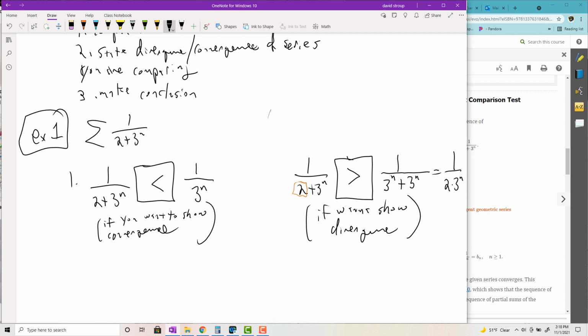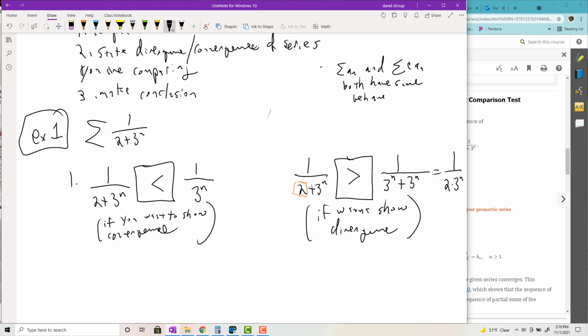So you may have forgotten, but the series a sub n and the series of a constant times a sub n both diverge or both converge. I'll just say both have the same behavior.